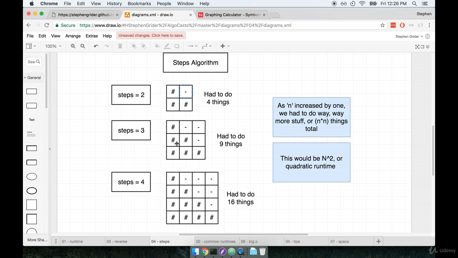And so this would be a great example of quadratic runtime for space complexity as well, because you can see very clearly right here, for 2, we had to produce 4 items, so 4 elements in memory. For 3, we needed 9 elements in memory, and for 4, we needed 16 elements in memory.